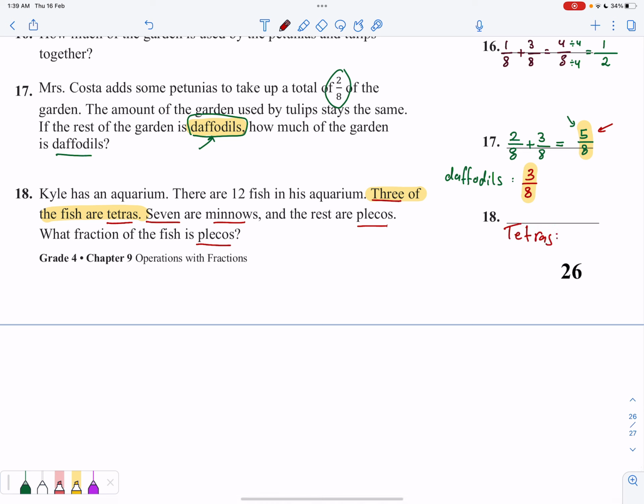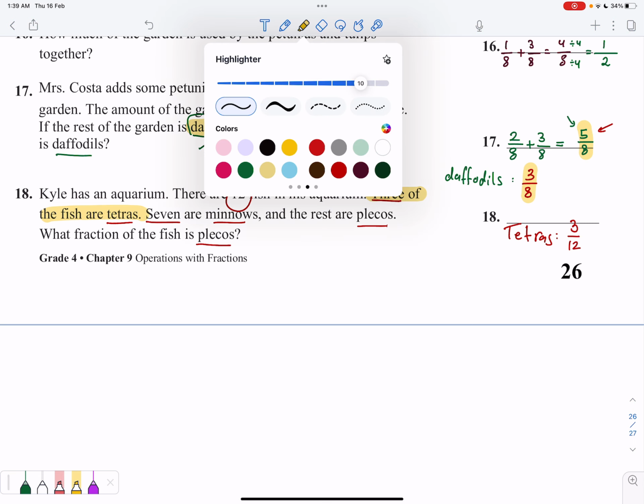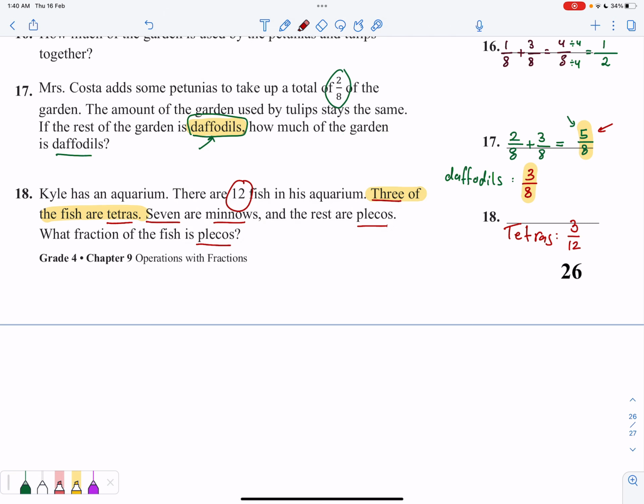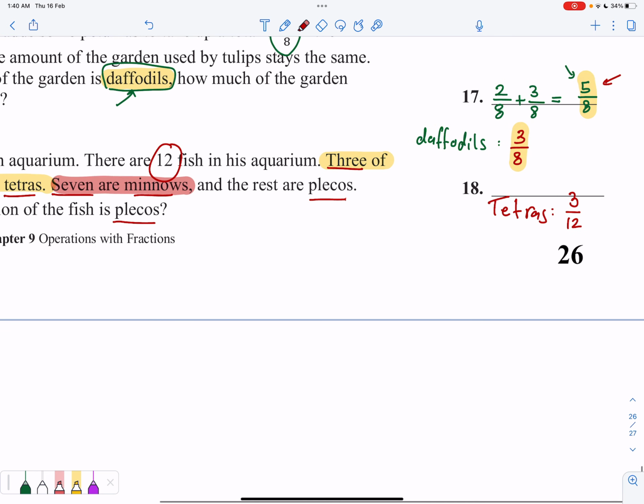The tetras are 3 fish out of the total of 12. So this is the tetras, 3 out of the 12. The second kind, 7 are minnows. So let's write that, 7 out of the 12 are minnows.